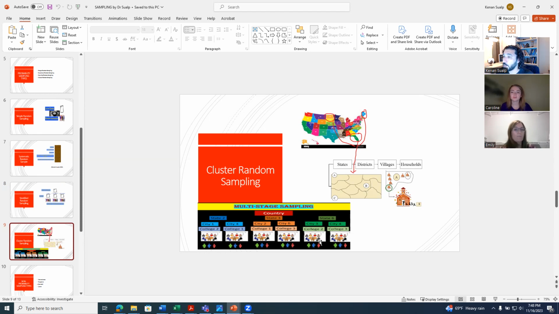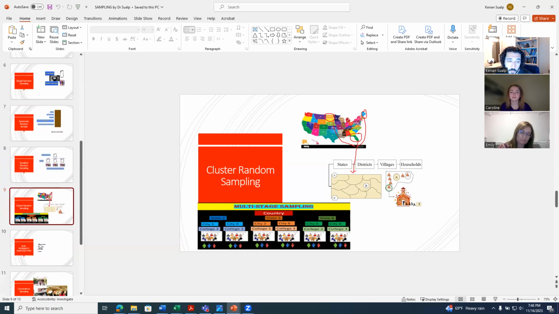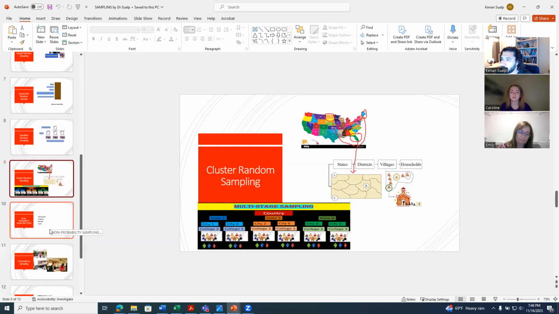But each of these processes should be random, right? So out of 51 states, you are choosing 3 randomly. And then from each of these states, you are choosing randomly counties or cities, whatever you decided to, okay? All right, that was the last probability sampling strategy type.